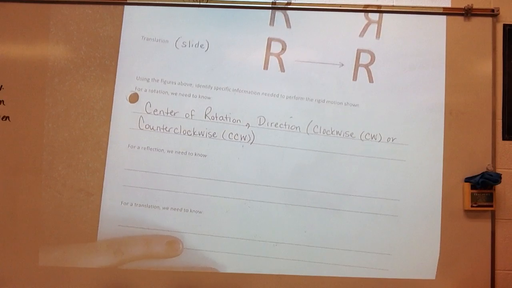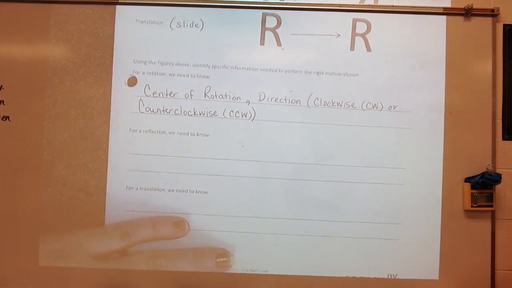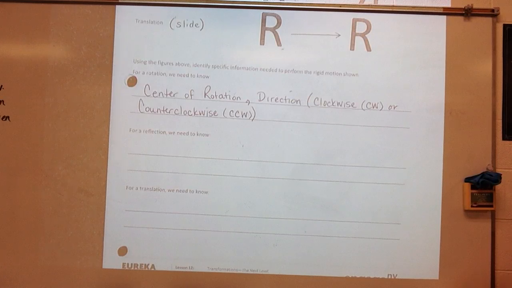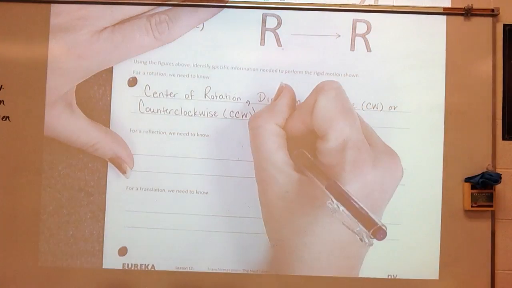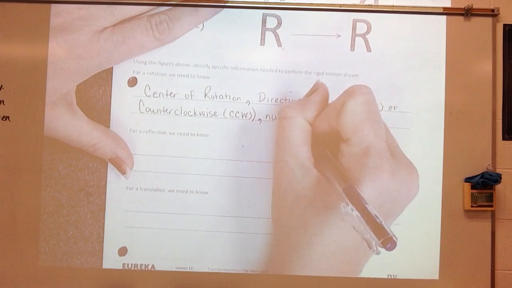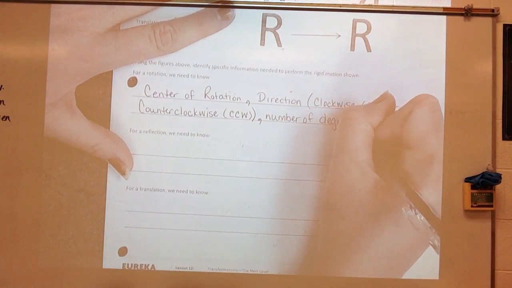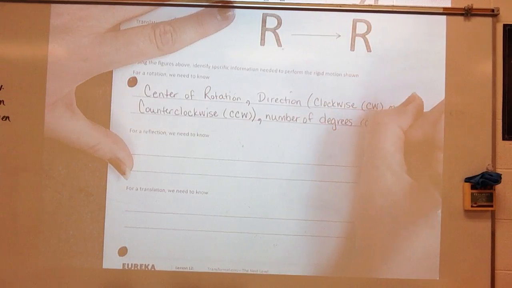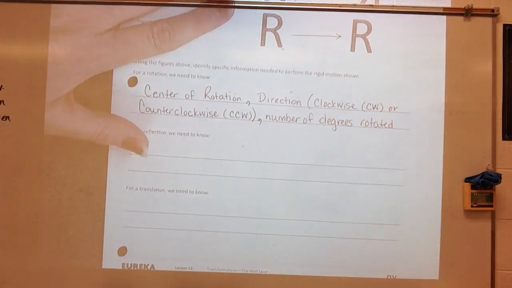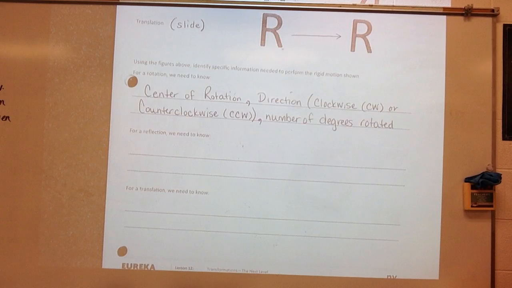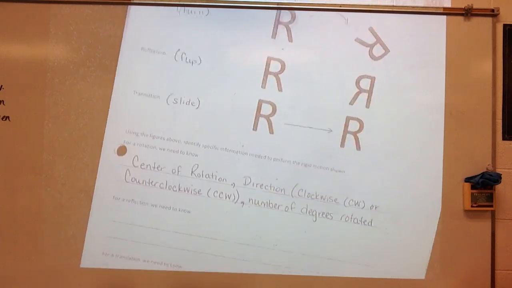Alright, so for rotations, we need to know where's the center of rotation. We also need to know what direction we're going in. And we need to know the number of degrees rotated. In other words, am I going to rotate 90 degrees? Am I going to rotate 85 degrees?